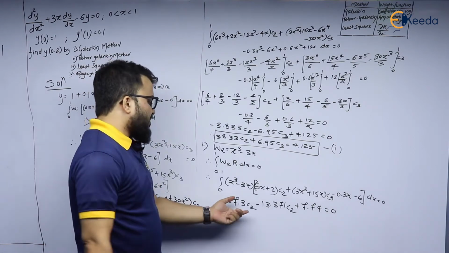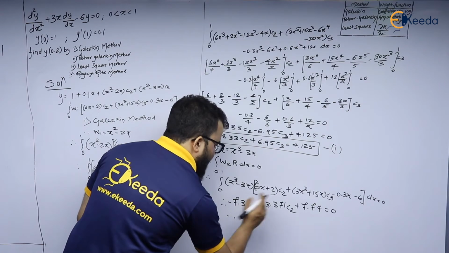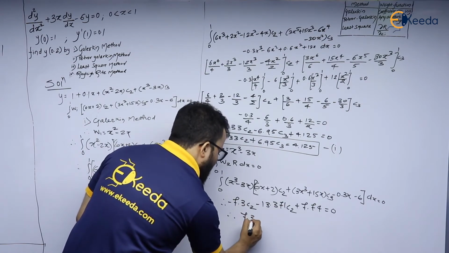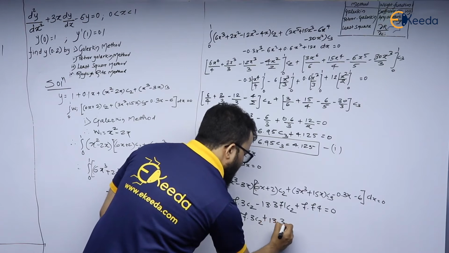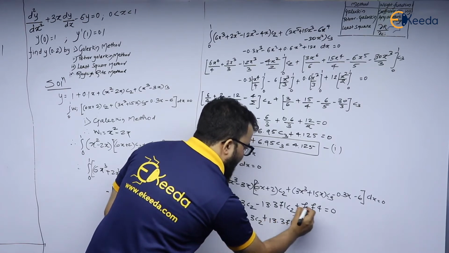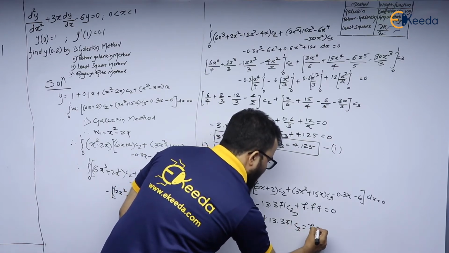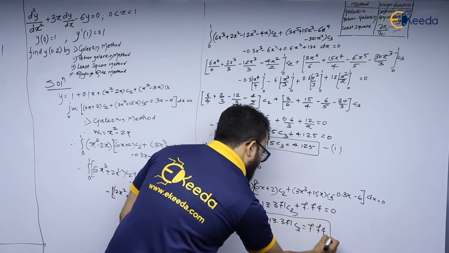So this is our equation number 2. If I put this on the right side, my equation becomes 7.3 C2 plus 13.371 C3 is equals to 7.74. So this is my equation number 2.